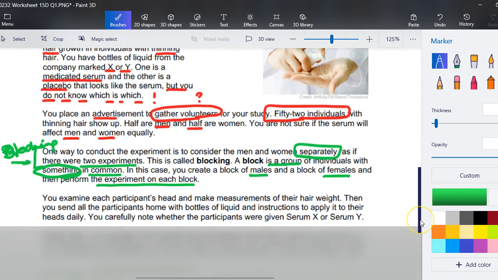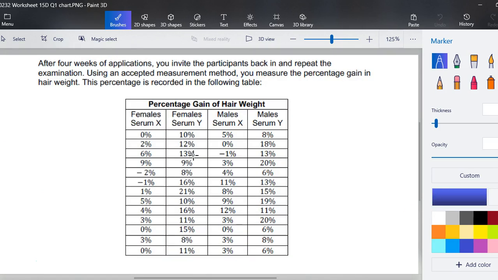Here's what this person is going to do. They are going to examine each participant's head and make measurements of their hair weight. Then this person sends the participants home with bottles of liquid and instructions on how to apply it to their heads daily. You carefully note whether the participants were given serum X or whether they were given serum Y. After 4 weeks of applications, you invite the participants back in and you repeat the examination.